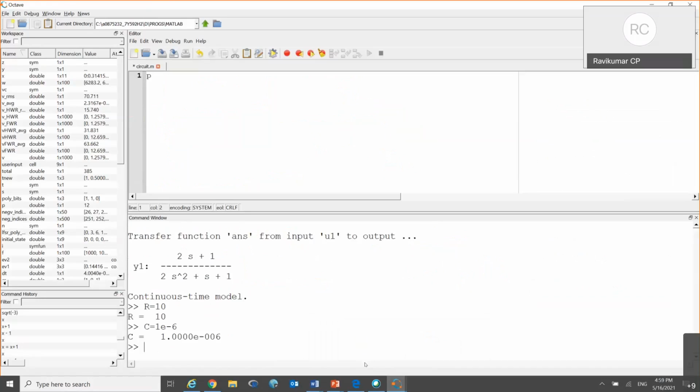And we can say T equals transfer function. I have only one on top, and S is R times C and 1. The variable is this.